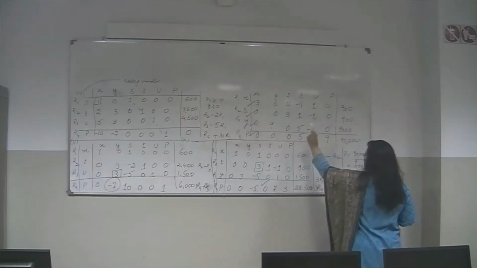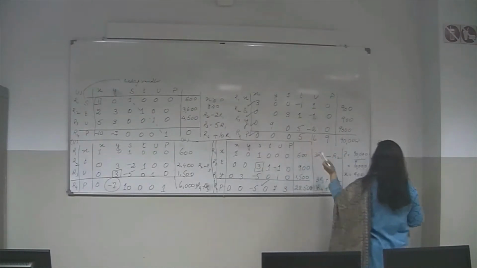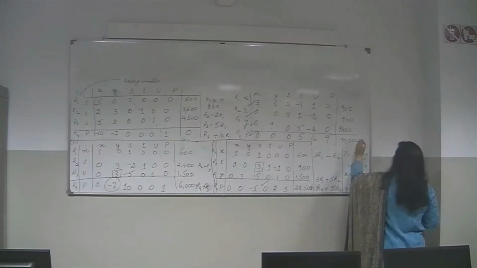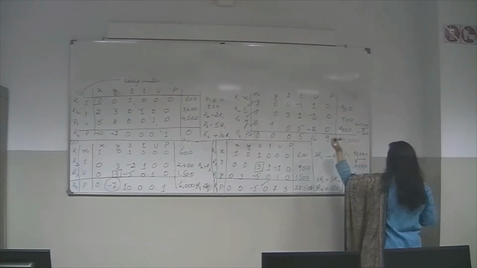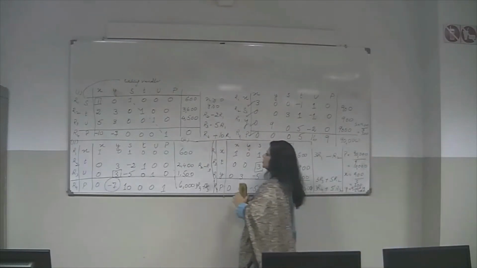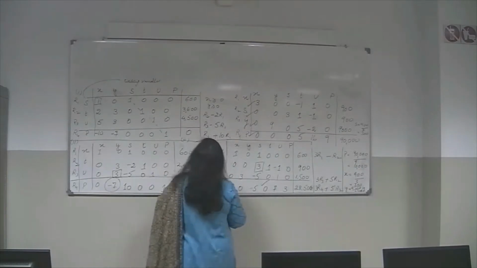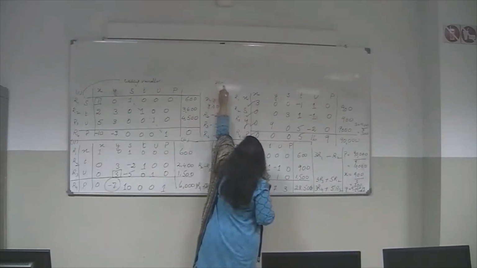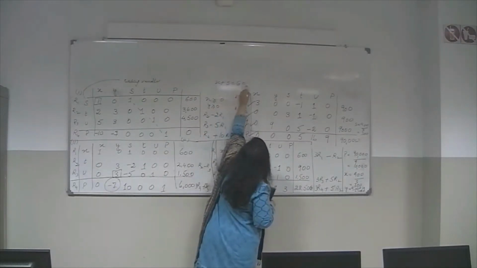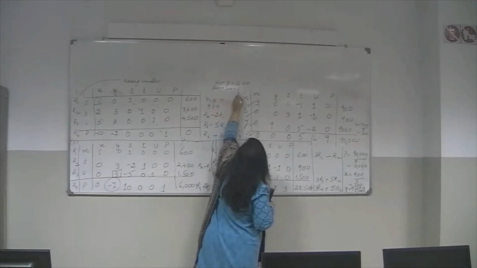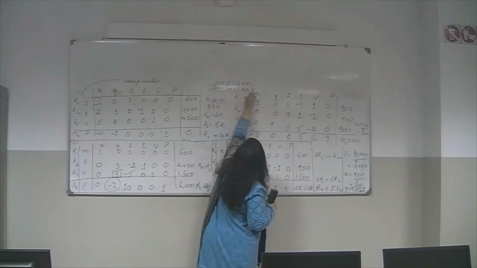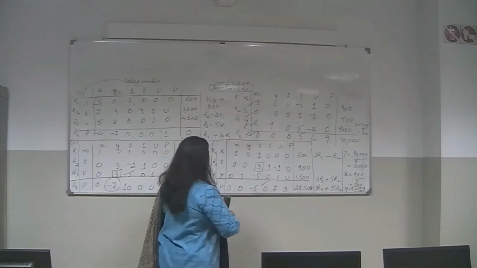So for S, you can have S is equal to 900 divided by 3. So you have 300. That means for the initial satisfaction of the constraint, we had X plus S equal to 600. That means we have 300 plus 300 equal to 600. That basically satisfies the equation.